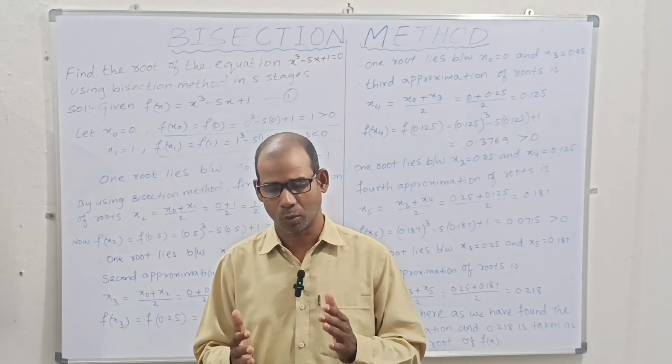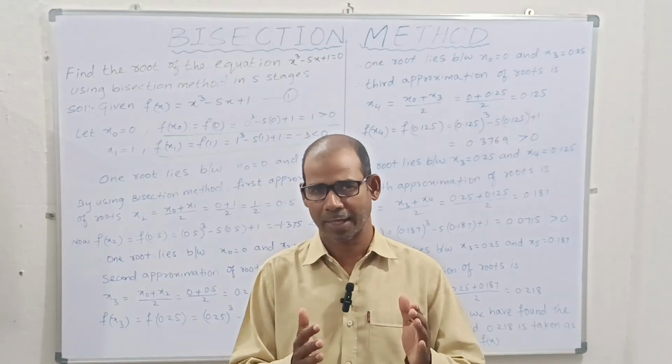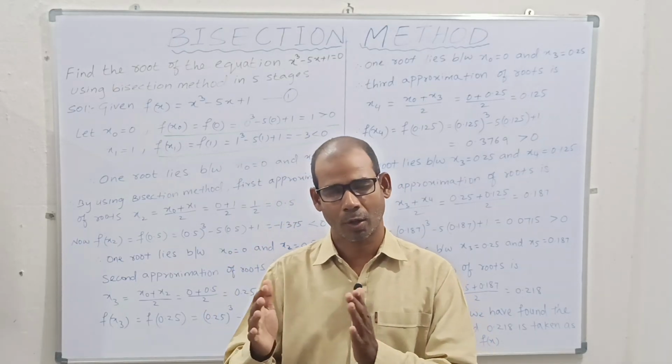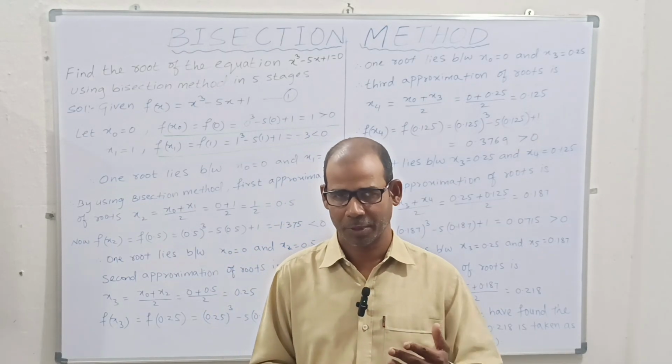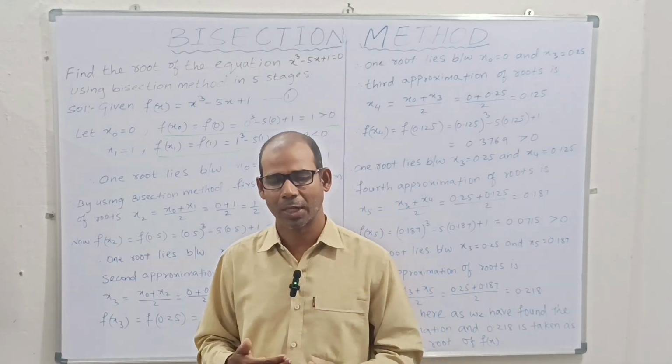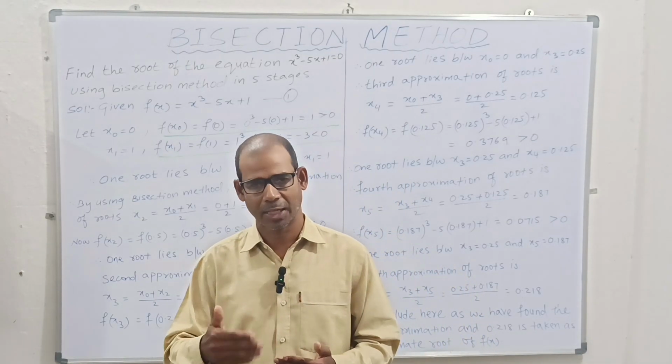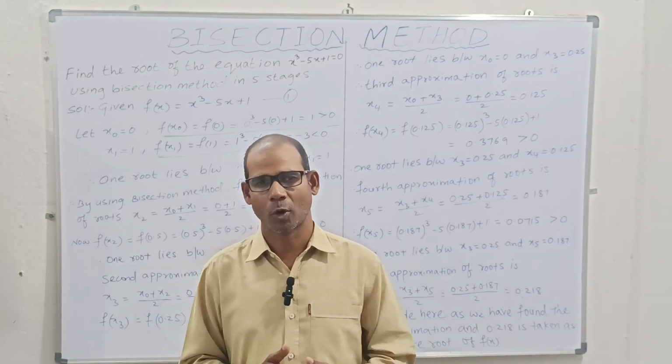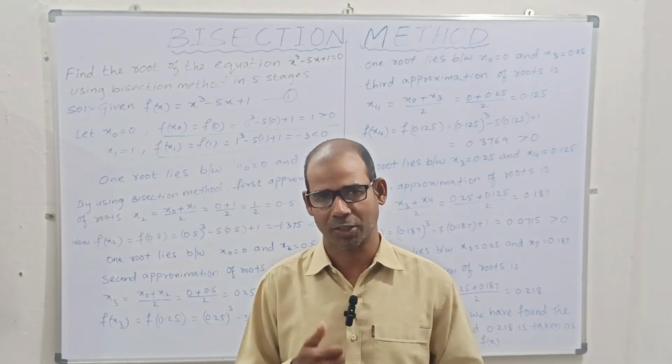Then we come to know whether our root lies to the left or right of the previous interval, right? This process is continued until we get the approximate root of the function.